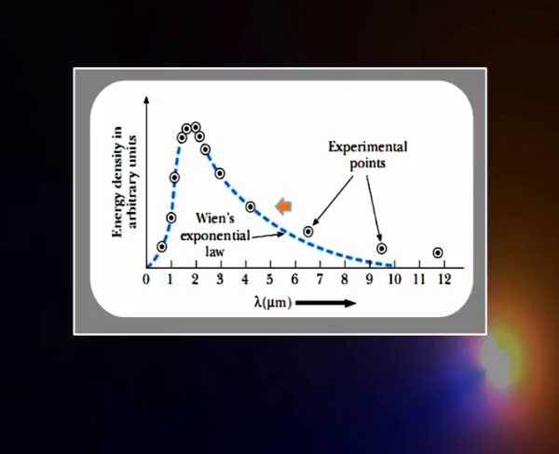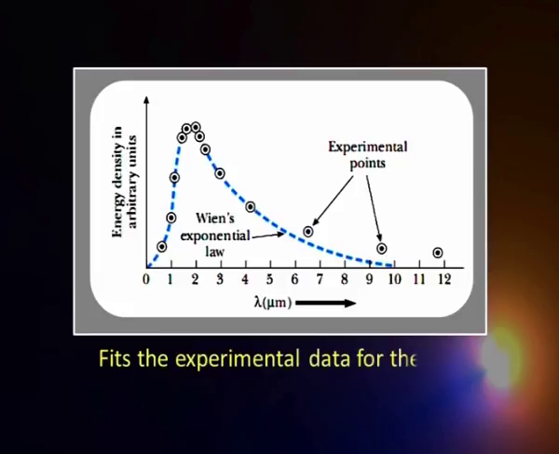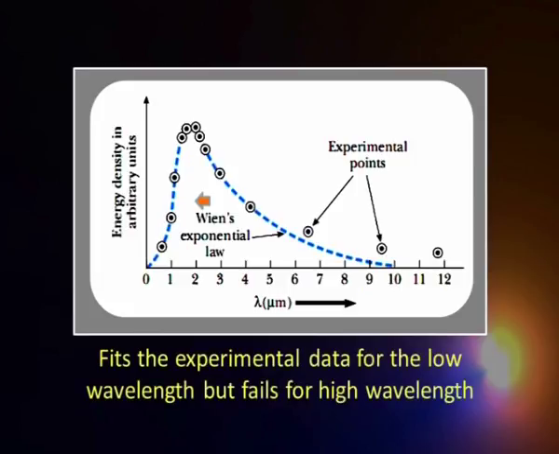These dots are our experimental points, and the dotted line gives the prediction from Wien's law. For lower wavelengths Wien's explanation matches the experiment, whereas for high wavelengths there is a discrepancy.